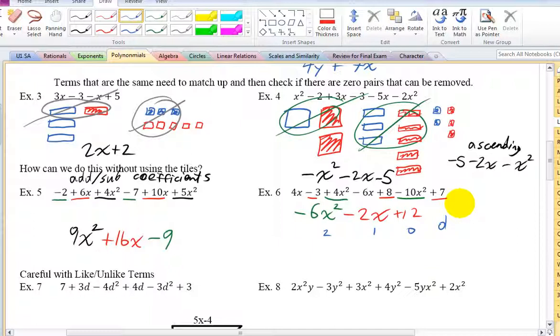Please write in ascending order. Change the order, please. So it should be 12 minus 2x minus 6x squared. Always keep the sign with the coefficient.